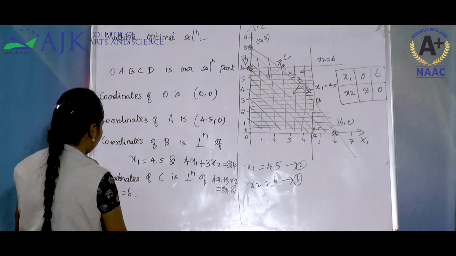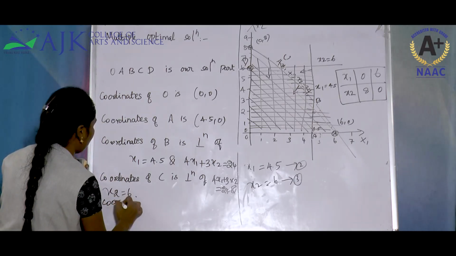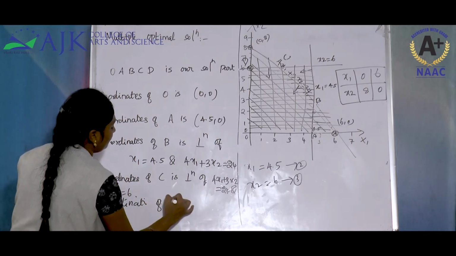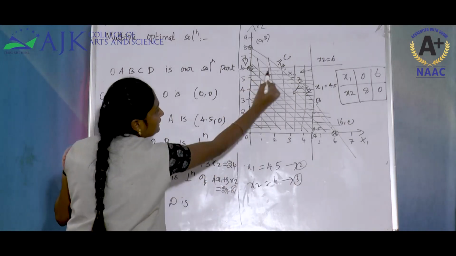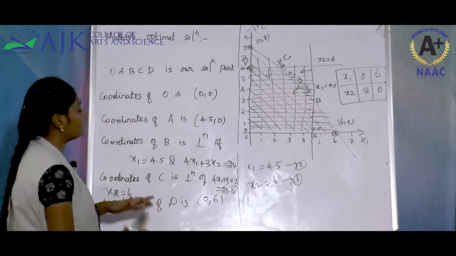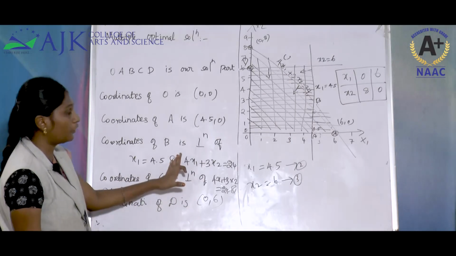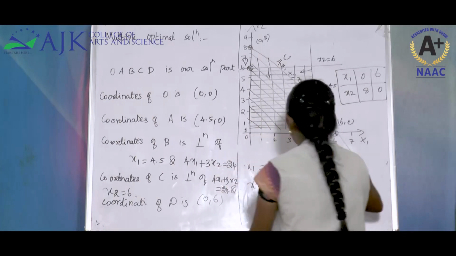Next, the coordinate of D: in place of x1 it is 0, in place of x2 it is 6. So 0, 6. Next, by solving these equations, we have to find the coordinate points of B and the coordinates of C.